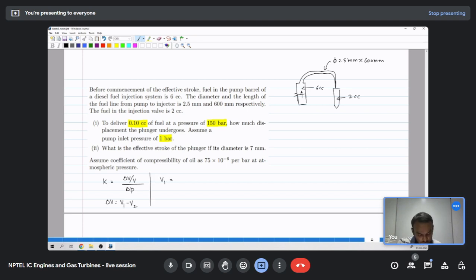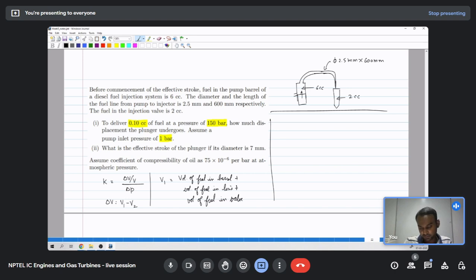So V1 is the volume of fuel in the barrel, plus the volume of fuel in the line, plus the volume of fuel in the valve. The volume of fuel in the barrel and valve are directly given in cc, and we have to calculate the volume of fuel in the line.